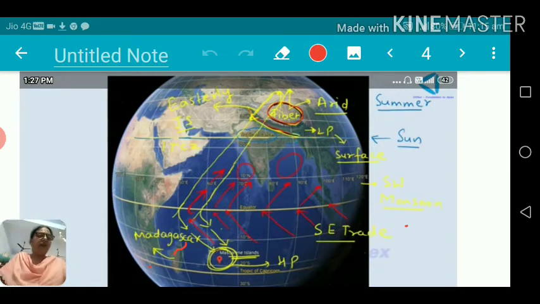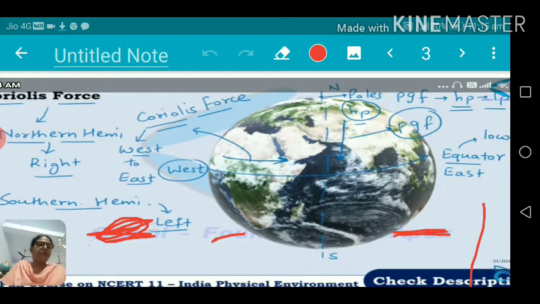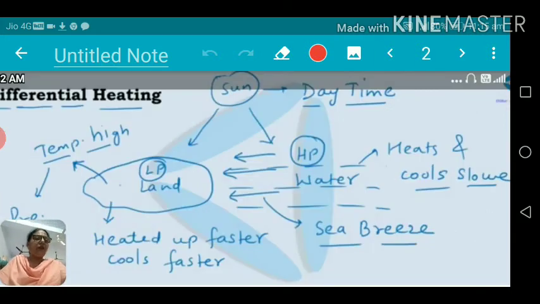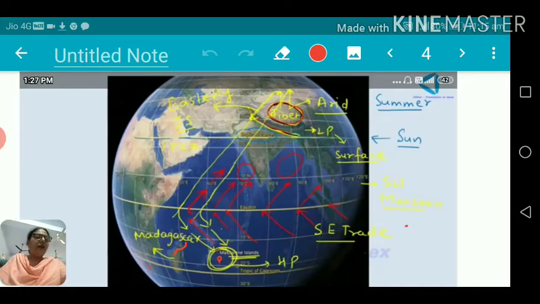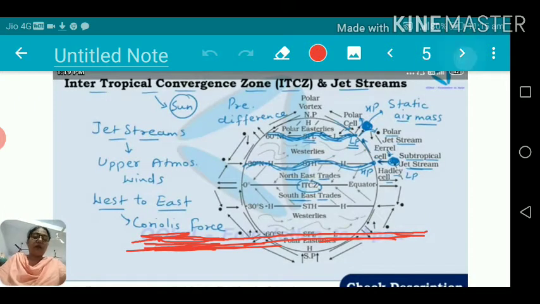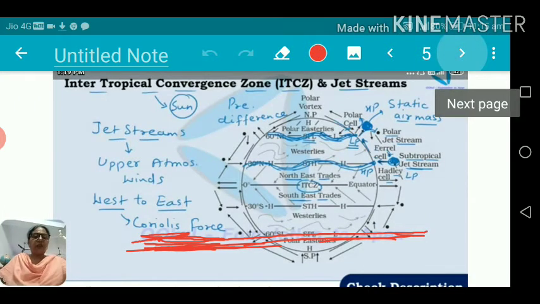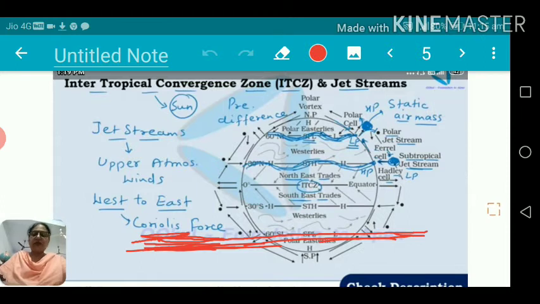Like here these winds converge near the equator, and in this way this intertropical convergence zone shifts the trade winds of the southern hemisphere across the equator between 40 to 60 degree longitude, and they start blowing from southwest to northeast due to the Coriolis force.